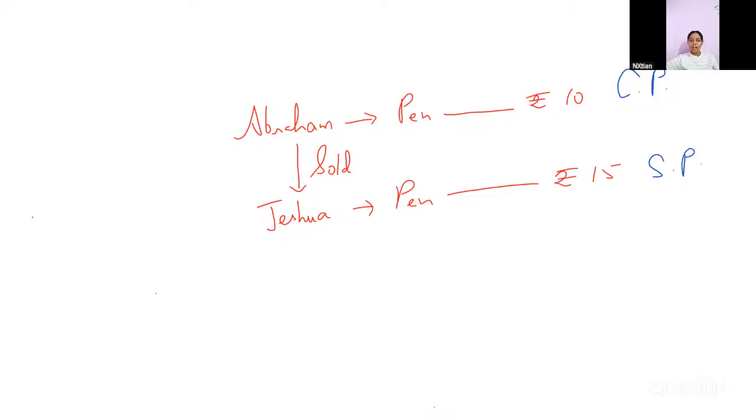Joshua, will there be a profit or not? Yes, ma'am, there would be. How much? Five. Yes, Abraham will gain a profit of rupees 5, because Abraham bought it for a lower price and sold it for a higher price.